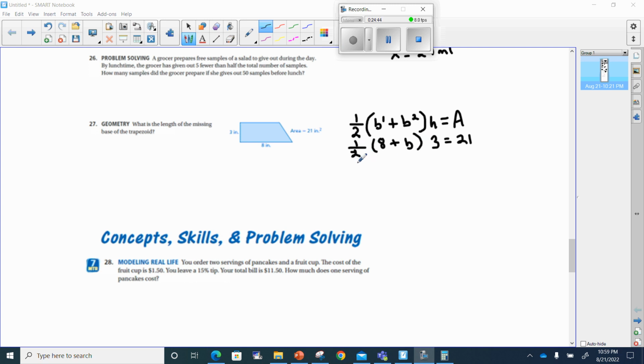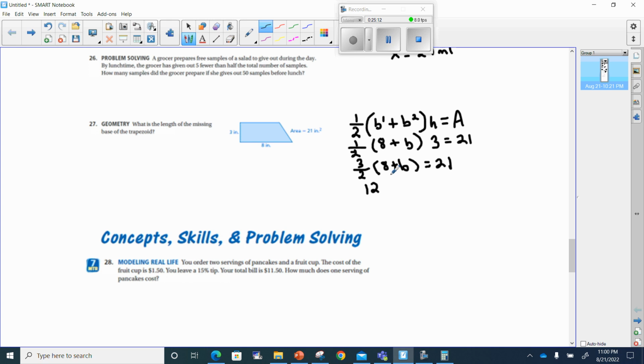That's going to give me 3 over 2 times 8 plus B is equal to 21. Don't bring the 3 down again. Remember, we multiply 3 times 1/2. Now, what is 3 over 2 times 8? Well, that's 24 divided by 2. That's going to be 12.